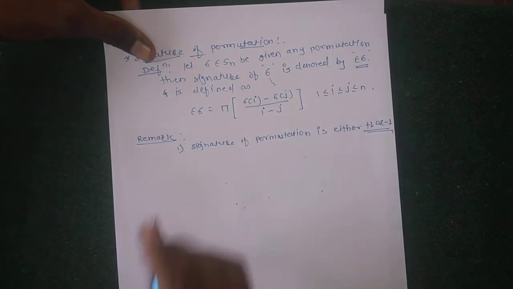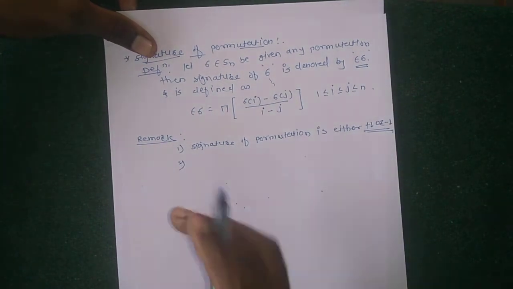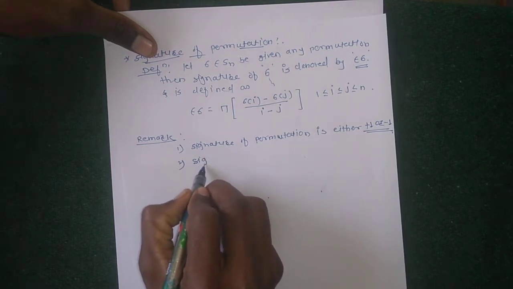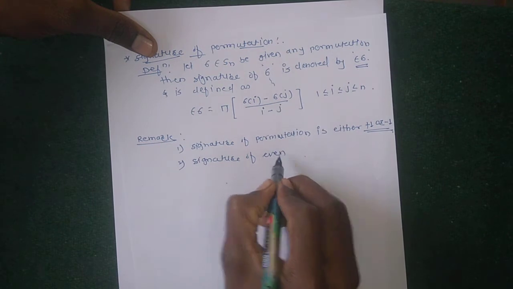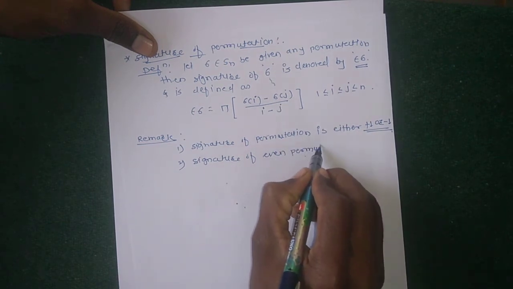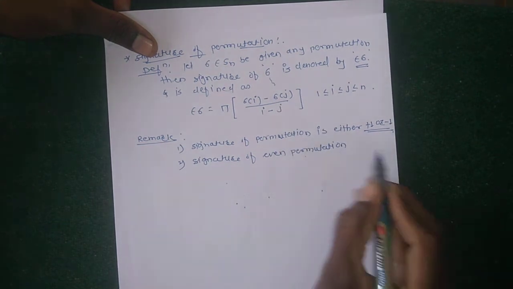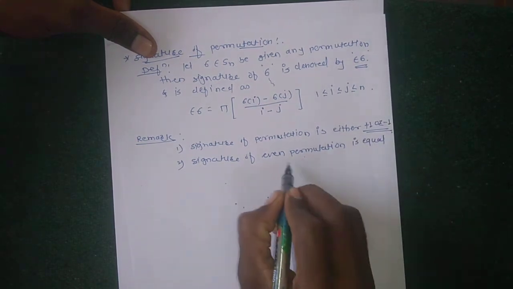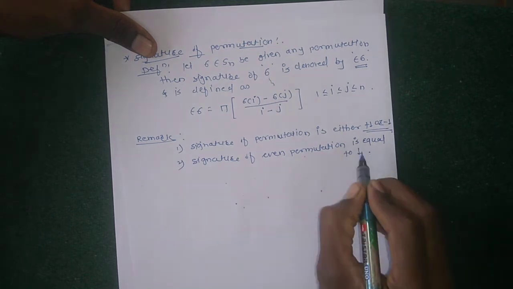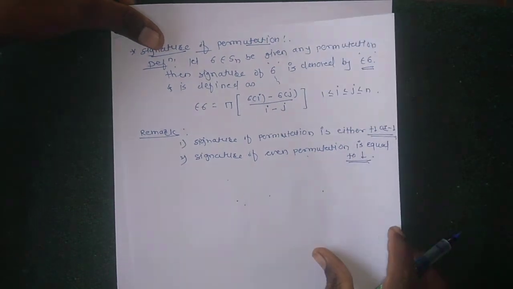Second, the signature of the identity permutation is equal to 1. This is very important.